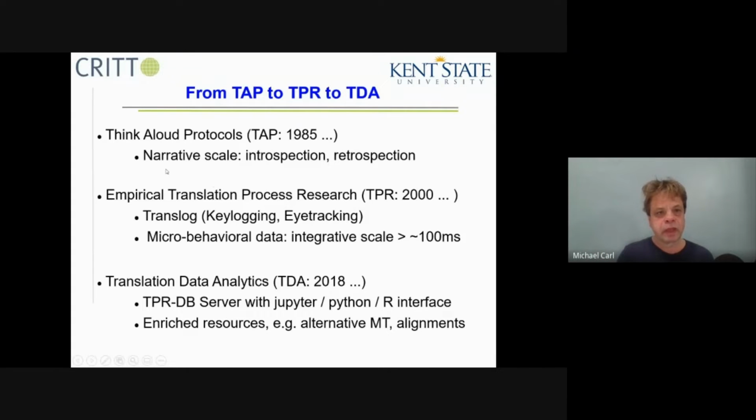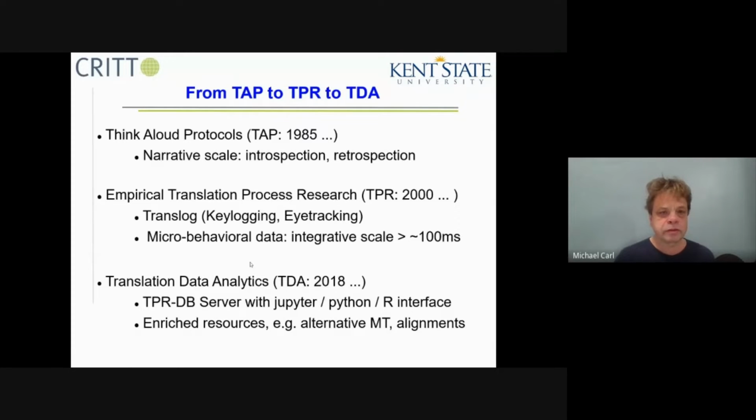So we have a narrative scale here, 3 seconds, whereas with keylogging we have 100 milliseconds, or maybe immediately, and with eye tracking data we have around 100 milliseconds precision in the data, which of course also allows completely different kinds of questions and requires very different methods for analysis as compared to analysis on the narrative scale.